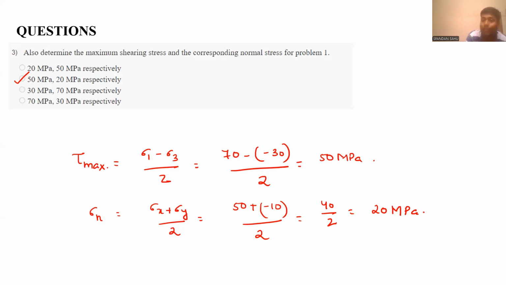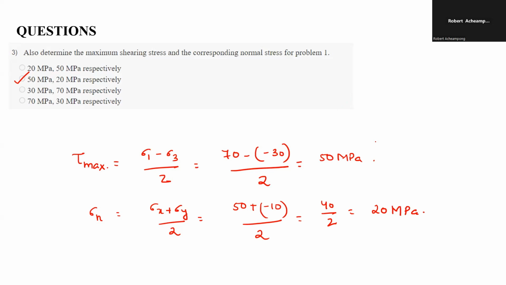So we are calculating tau max in which way? We know tau max will be the radius of the Mohr circle, which I will discuss later for some other question. Now, please keep it in mind that to determine tau max, we just need to find the difference between the maximum and the minimum principal stresses divided by 2, which will provide us with 50 MPa for this condition.